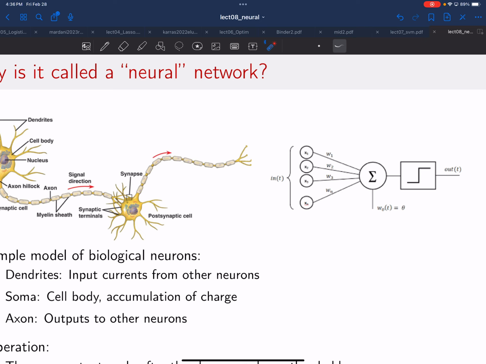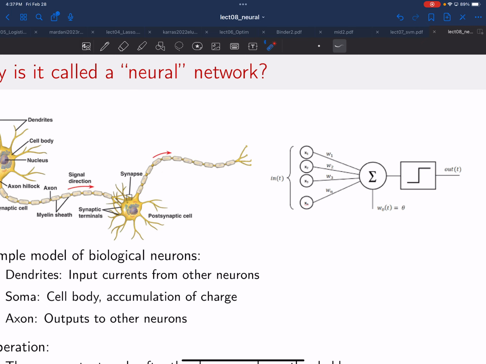So if you step back and look at a simple mathematical version of a single neuron, this summation would be like the accumulation of charge in the soma. These would be the X's in this model. The features would be like what's coming in from your other connected neurons. And maybe there's some weights. Maybe some of these, for whatever reason, are more sensitive than others.